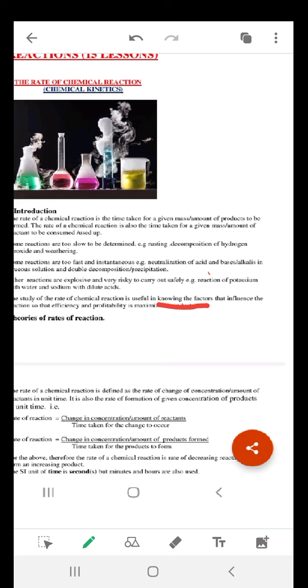We can as well calculate the rate of reaction using the change in concentration of the amount of products formed over the time taken for this change to occur. So you can either use products or reactants.